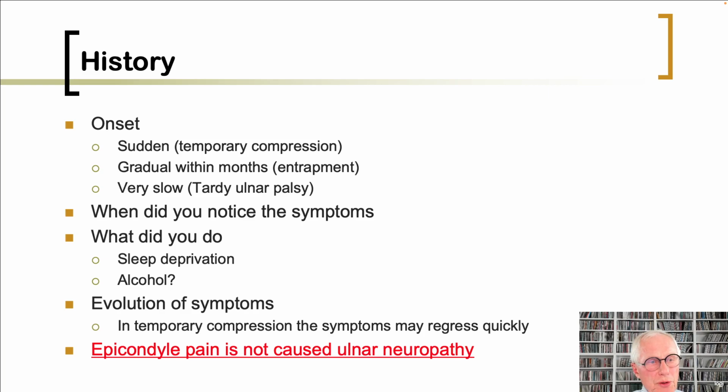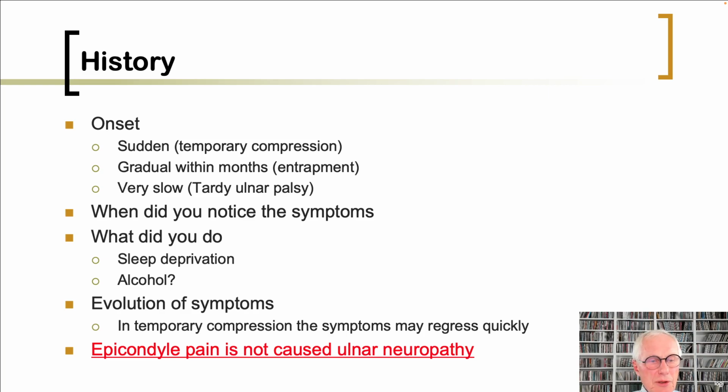It's very important when you take history to get an idea how did it start. Very often temporary compression will start fairly acutely, and if it's a very slow involvement, tardy ulnar palsy will develop over years, and usually the patient will not be able to give you a clear-cut onset date when the symptoms started.